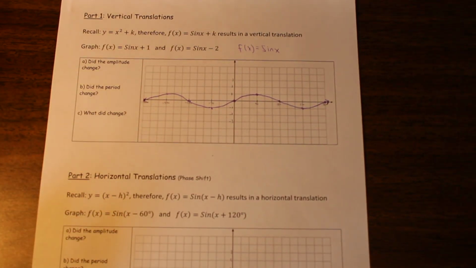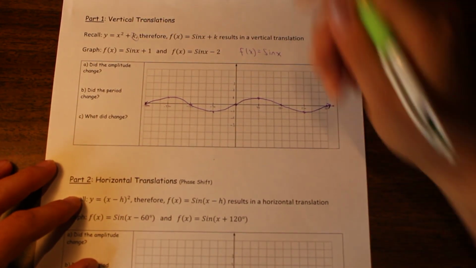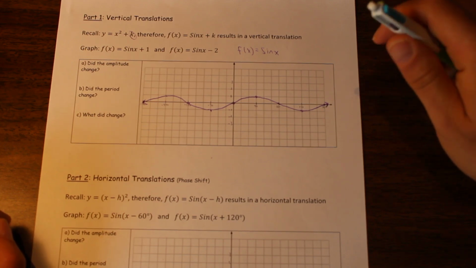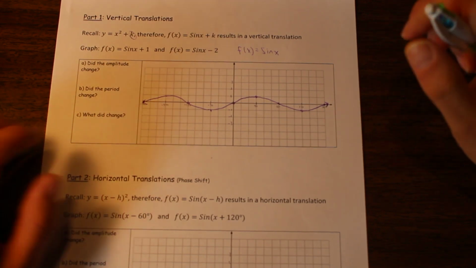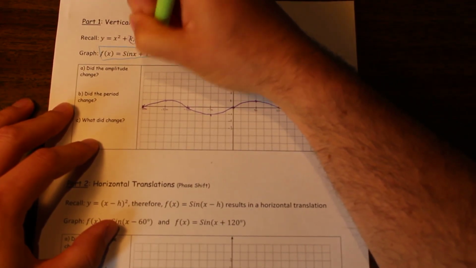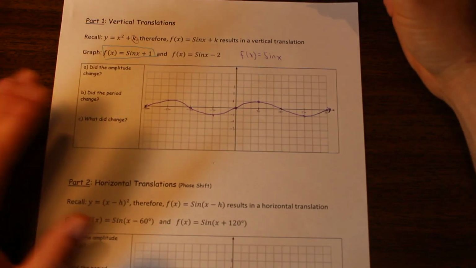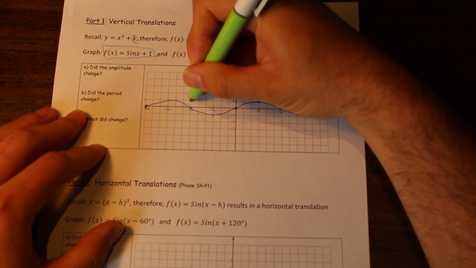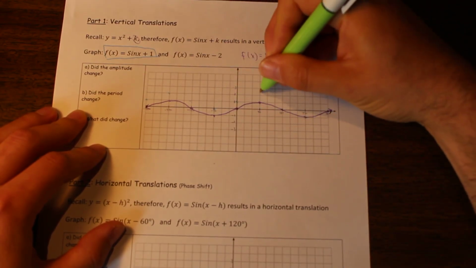Okay, so let's see what the k value does to this parent function. And it's going to be pretty easy. The only change here is that it goes up 1 space. So every single point that I drew, I'm literally just going to lift it up 1 space.